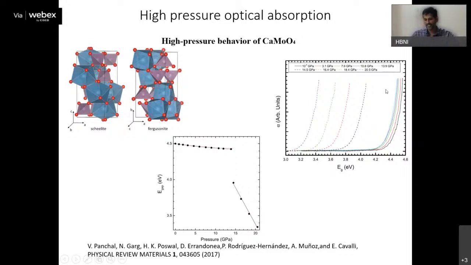If there is a sudden change in the band gap, that indicates there is an electronic or structural transition. In this case, the band gap decreases suddenly to a lower value. And in fact, from X-ray diffraction and other techniques, it was found that there is certainly a structural transition in this system from C light to ferrocyanide.